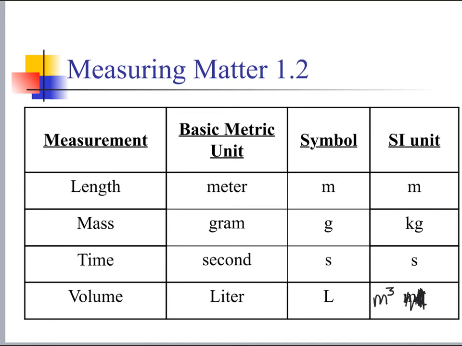Volume is another weird one. The metric unit is the liter. That's what a lot of us would know it as. But the SI unit is actually meters cubed, which is much larger than a liter. A liter is actually a decimeter cubed, which is 10 centimeters on each side.